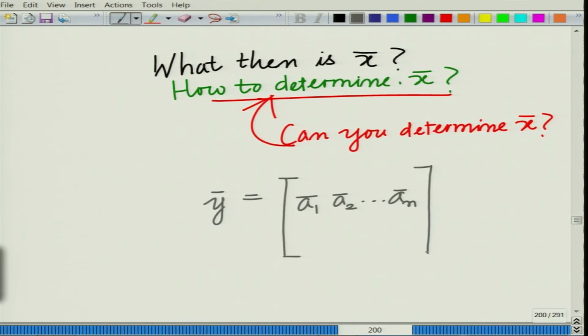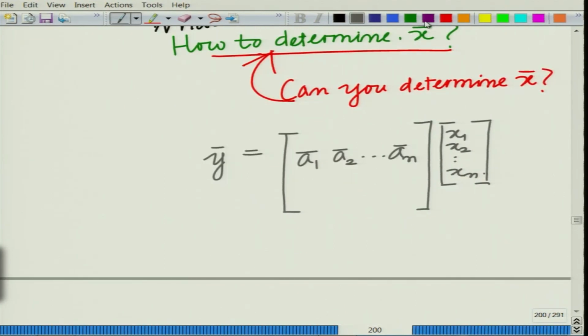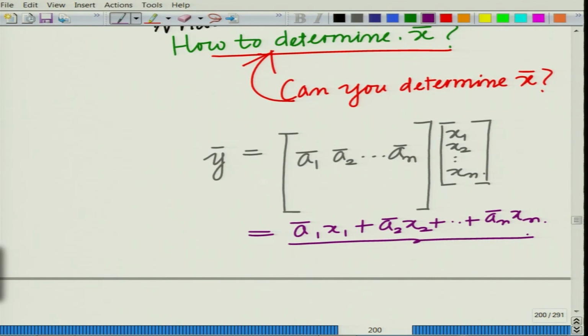This has n columns, each of size m, times x bar, which is x1, x2, up to xn. So essentially what this says is a1 bar x1 plus a2 bar x2 plus up to an bar xn.